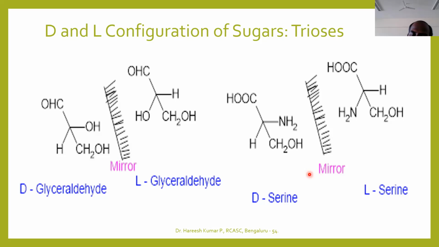You can also take other amino acids and assign the configuration, that is D and L. So here you need to remember that if the priority group is on the right hand side, then we can say D. If the priority group is on the left hand side, then you can say that it is L. Capital letter D and capital letter L represent the configuration, not the rotation. Okay, so that's what you need to remember. I will take one more example in the next slide. So with this, I will go to the next slide.